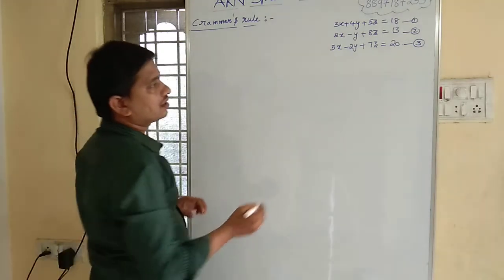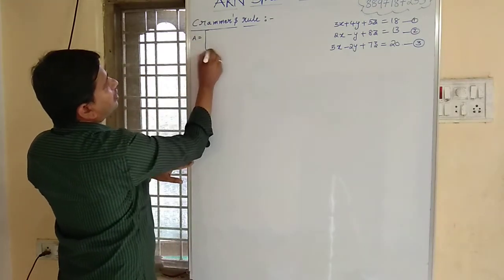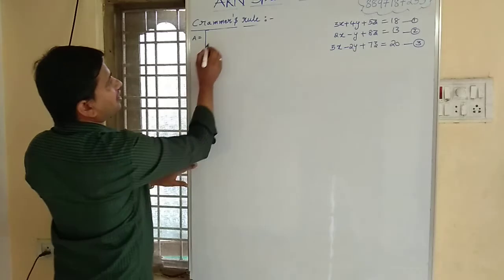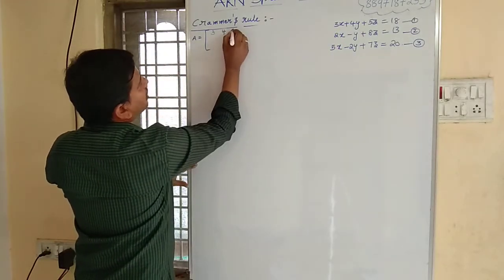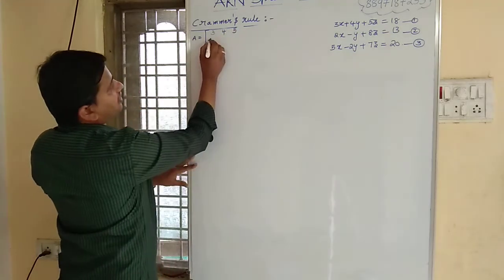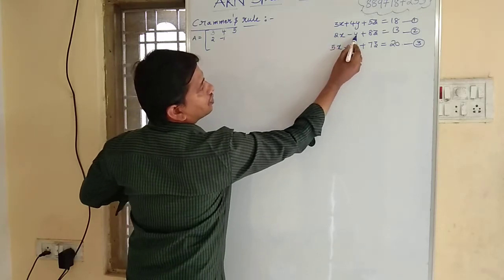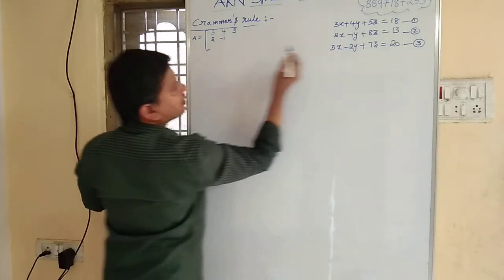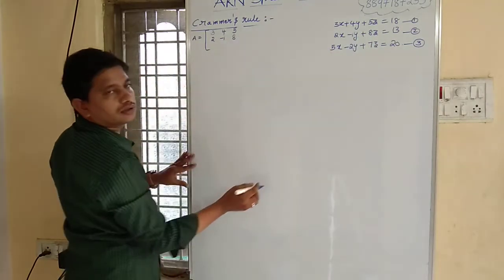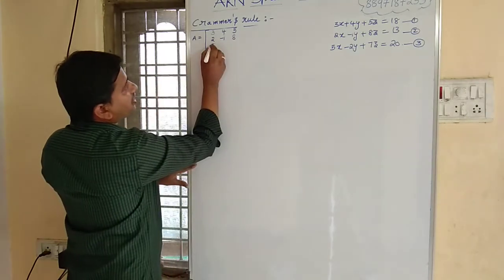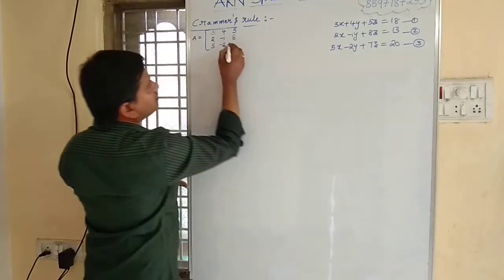Let us first find the coefficient matrix A. The x coefficient is 3, the y coefficient is 4 and the z coefficient is 5. In equation 2, the coefficient of x is 2, the coefficient of y is minus 1, the coefficient of z is 8. In the third equation, the coefficient of x is 5, the coefficient of y is minus 2 and the coefficient of z is 7.